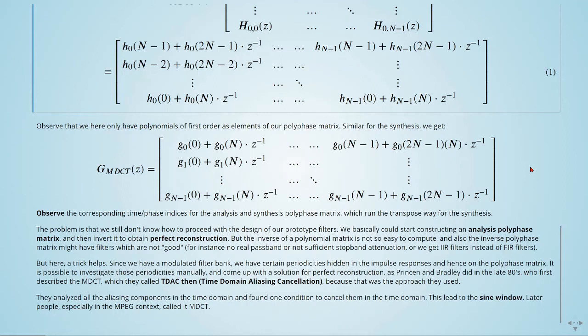As Princen and Bradley did in the late 80s, who first described the MDCT, which they called the TDAC then, the time domain aliasing cancellation, because that was the approach that they used. They analyzed all the aliasing components in the time domain and found one condition to cancel them in the time domain. And this leads to the sine window. And later, people, especially in the MPEG context, called it the MDCT.